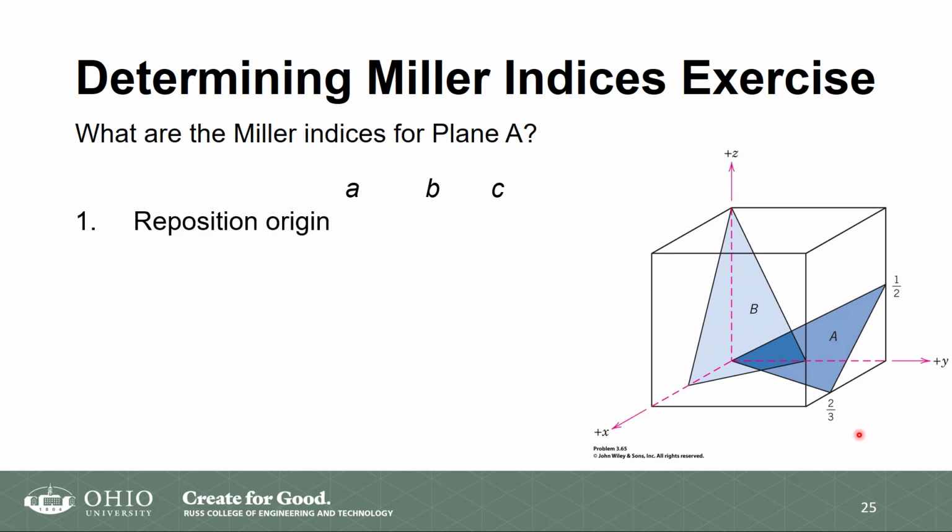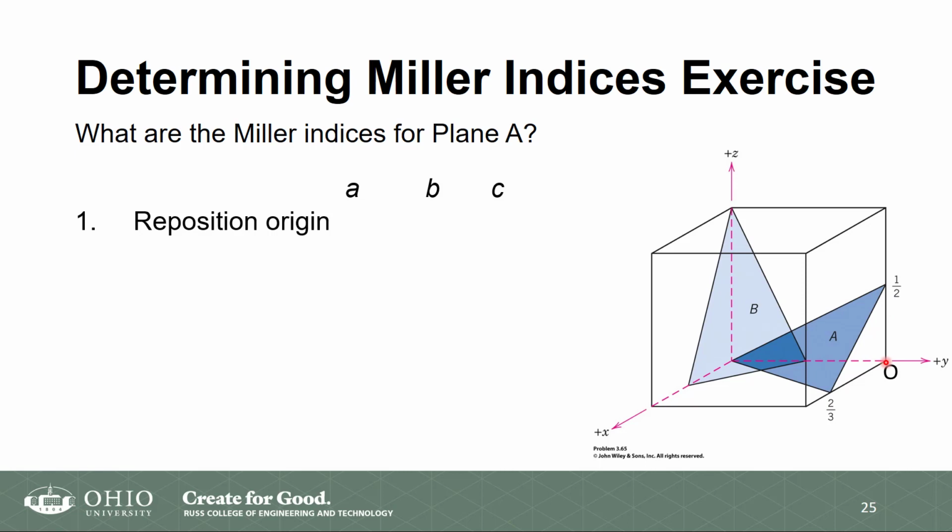So all we simply do is move the origin from this point where it typically is to this edge of the unit cell. The reason why we're moving it to that edge is because we still want to use the point that is closest to the plane we're interested in. So while we could have used this point, or this point, or this point, this point is the one that's closest to that plane, and that's the one that we choose.